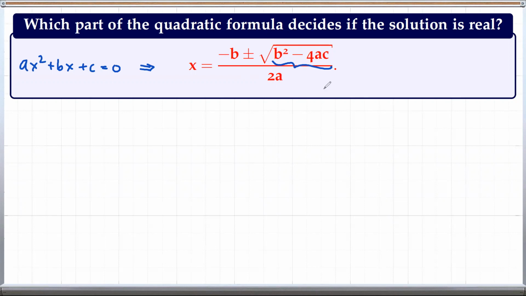So this whole thing is real only if b squared minus 4ac is not negative. Because if b squared minus 4ac is negative, then we are taking the square root of a negative number. So from this formula, we can see that it is possible to get solutions that are imaginary numbers.